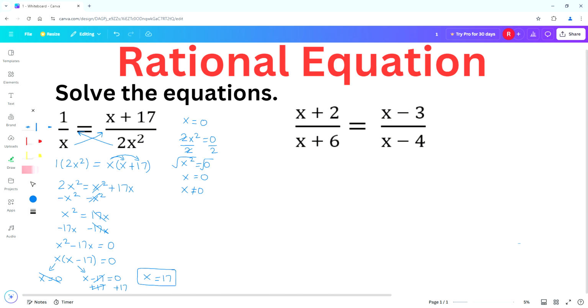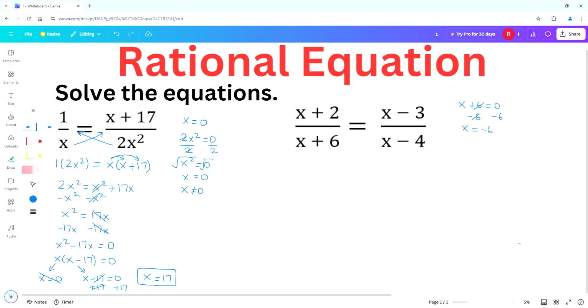Now we can solve the second equation. Let's start by finding the restrictions. We should set the denominators equal to 0. Let's start with x plus 6. I get x equals negative 6.